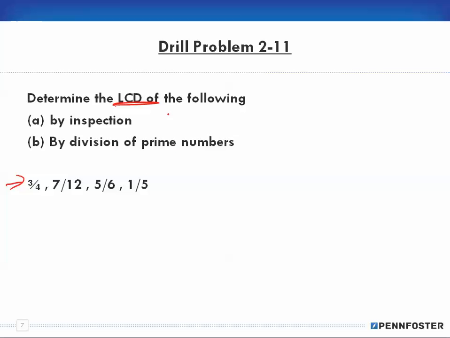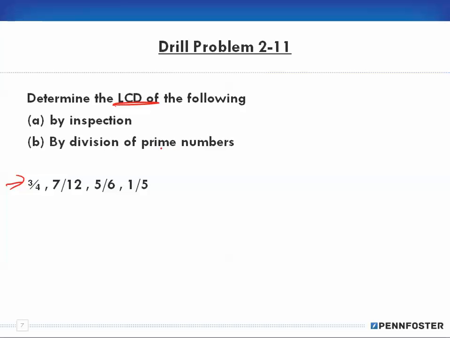Now, just one quick caveat here. You need to learn how to do it by inspection and division of prime numbers. You may be tested on it, and so therefore, yeah, you have to know it. However, for practical purposes, when I'm doing other work, I never use inspection and I never use division of prime numbers.